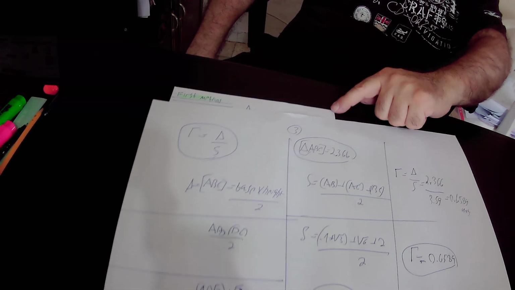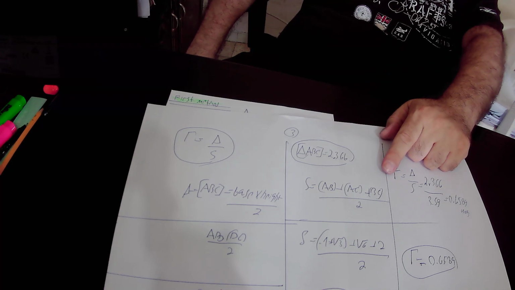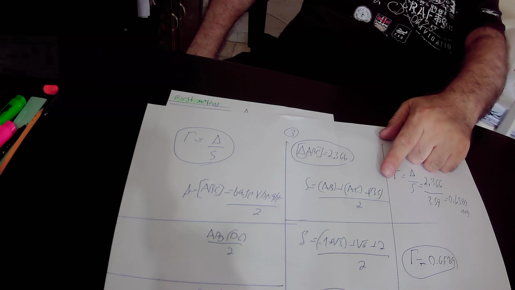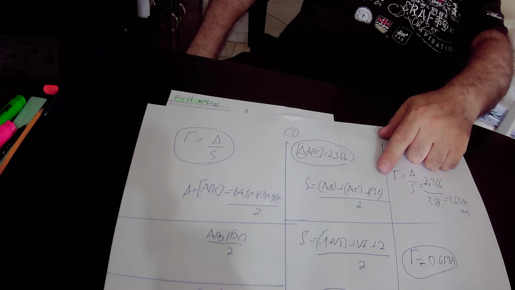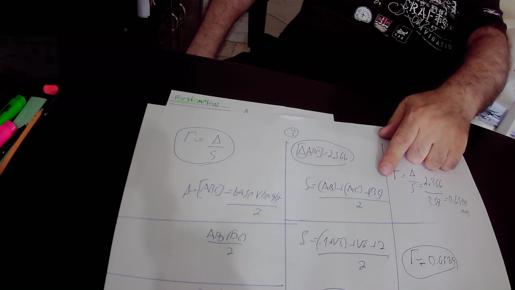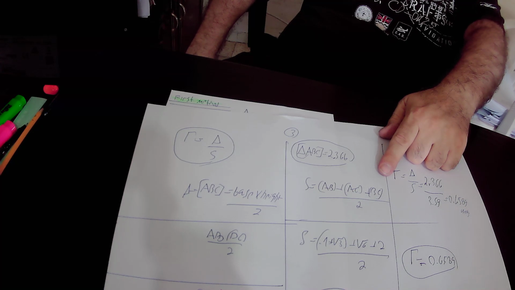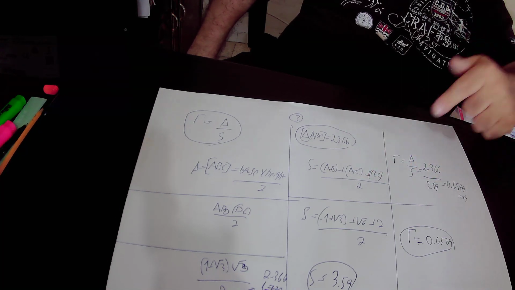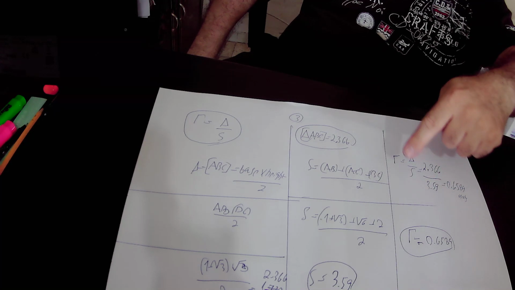Then we calculated the semi-perimeter of triangle ABC. The semi-perimeter of triangle ABC equals the perimeter of the triangle over 2. The perimeter of triangle ABC is AB plus AC plus BC, the sum of its side lengths. AB equals 1 plus square root of 3, AC equals square root of 6, BC equals 2.